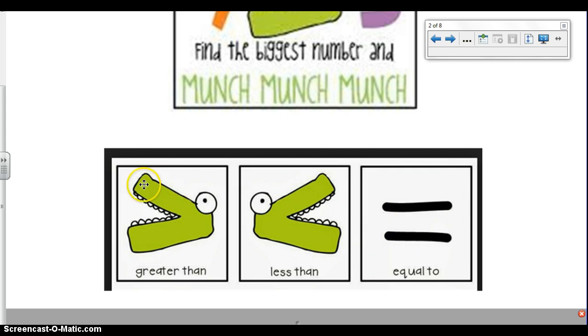So again, if Mr. Alligator's facing the first number, munching the first number, we say greater than. If Mr. Alligator's munching the second number, we say less than. If the numbers are the same, we say equal to.